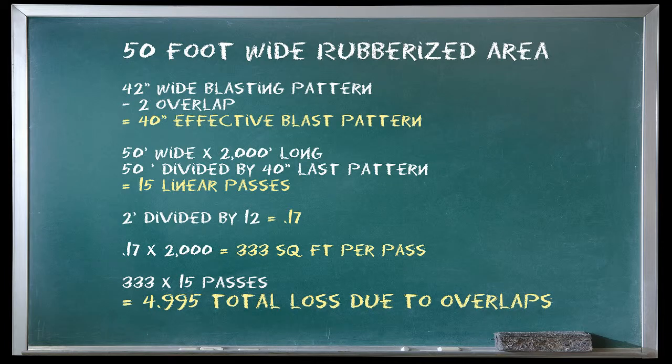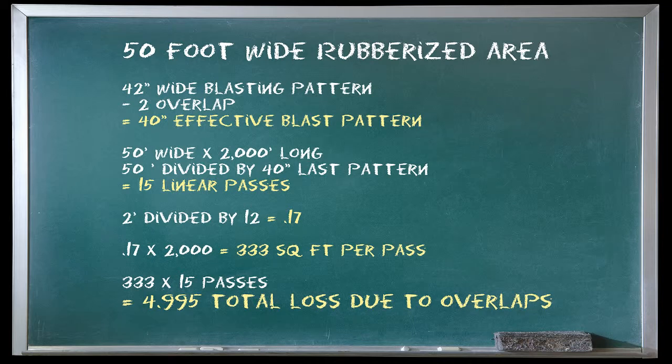If we take a 2-inch overlap, divide it by 12 to come up with feet so that we can calculate square feet, you'll see that 0.17 multiplied times the 2,000 feet distance results in 333 square feet wasted due to overlap per pass.